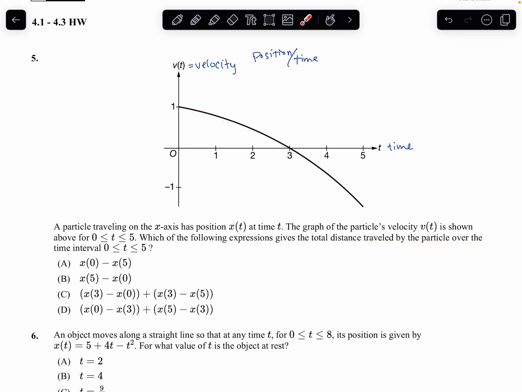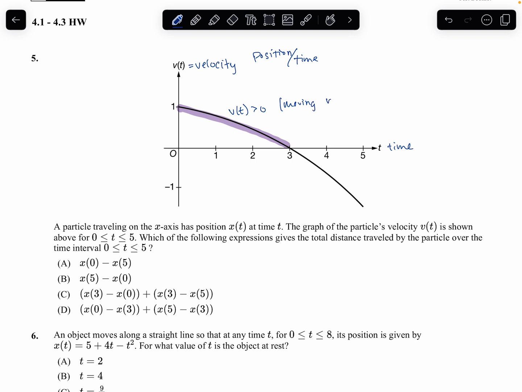traveled? Okay, so if this is the velocity, understand here that since velocity here is positive, so this is v of t, the y values here, they're greater than 0. So moving to the right.